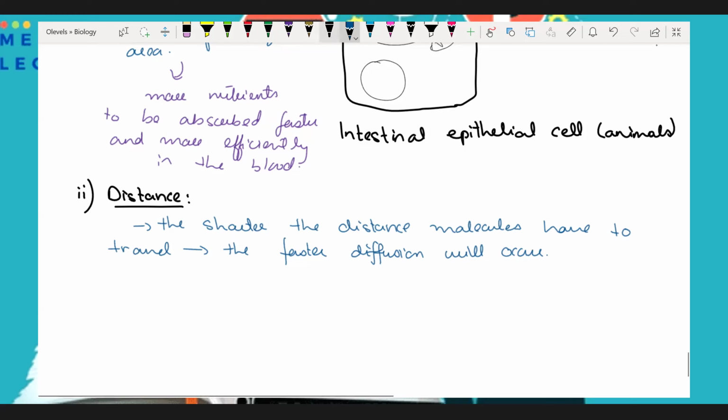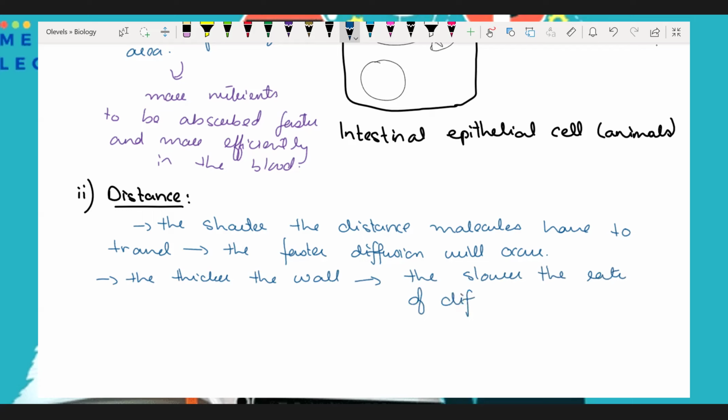And in the case of cell membranes, let's suppose the thicker the wall, the slower will be the rate of diffusion, right?